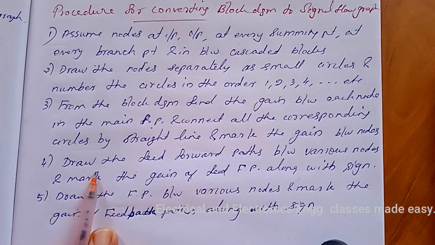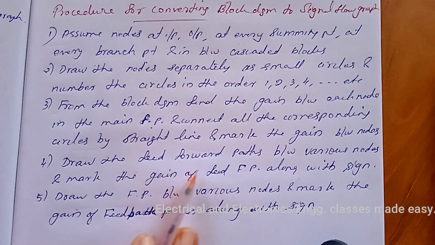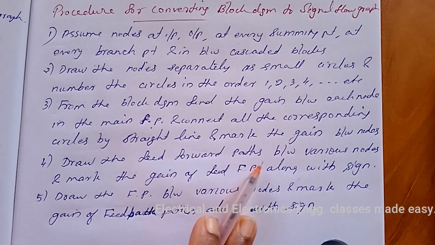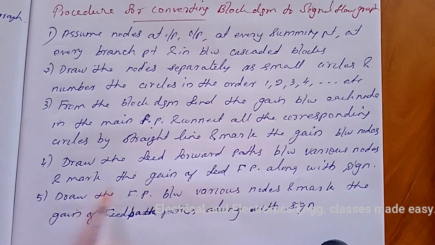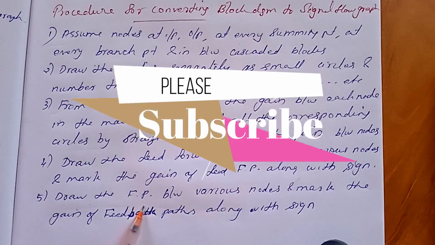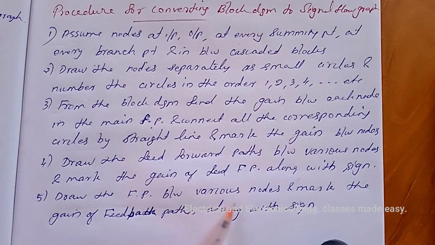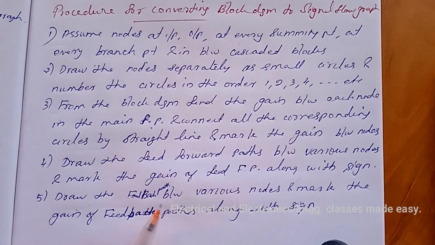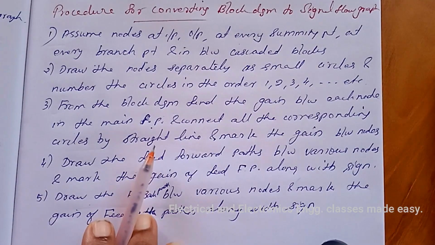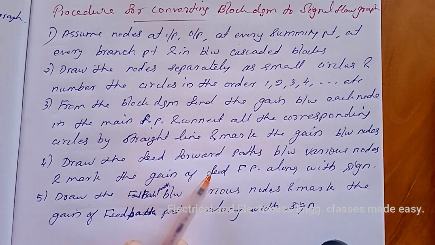Then fourth one, draw the feed forward path between various nodes and mark the gain of the feed forward path along with sign. Fifth one, draw the feedback path between various nodes and mark the gain of the feedback path along with sign. So this is the procedure for converting block diagram to signal flow graph.